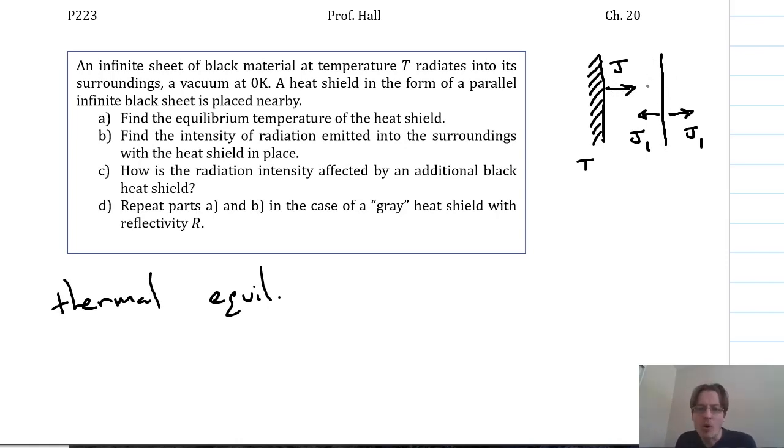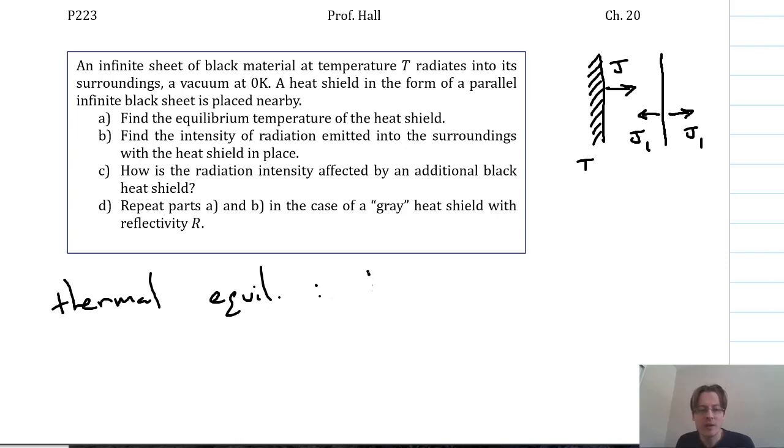Because more heat is going to be absorbed by it than it's giving off at first. At first, it's cold and emits very little. But as it gets hotter and hotter, it's going to reach a point where the heat coming into the shield matches the amount that it itself is emitting out from its surface. And when that happens, it's going to stop gaining temperature, and it reaches what we call thermal equilibrium.